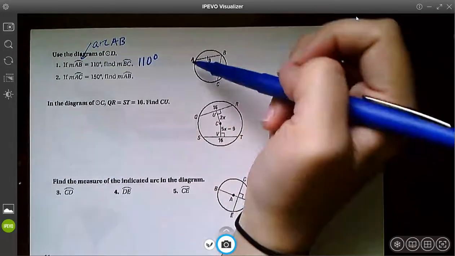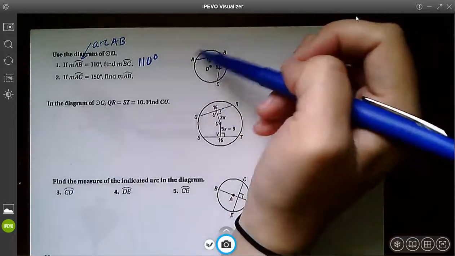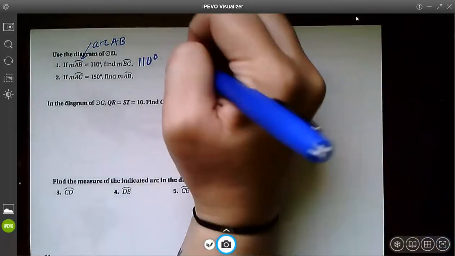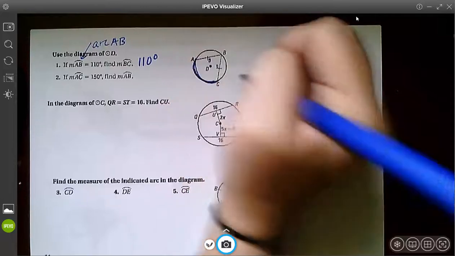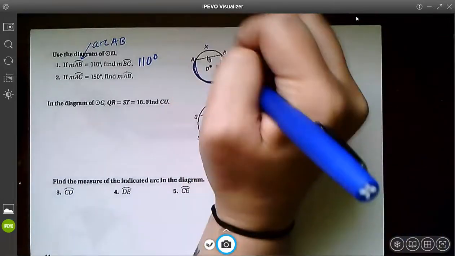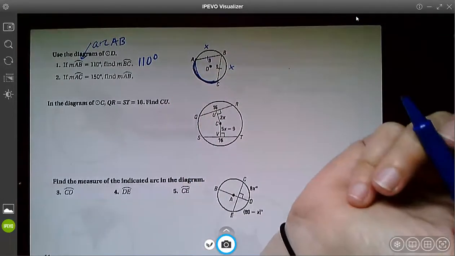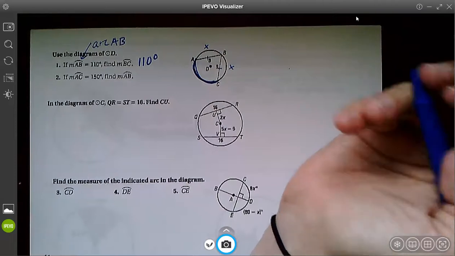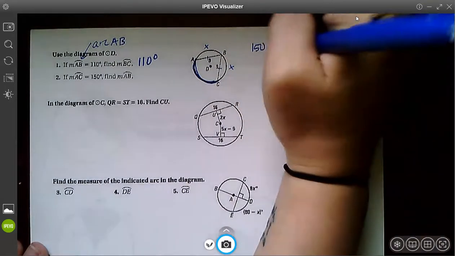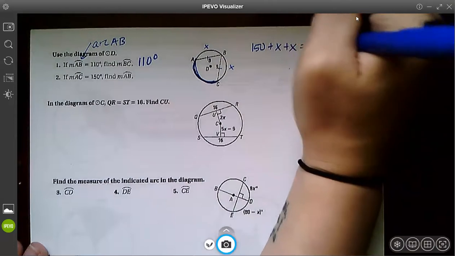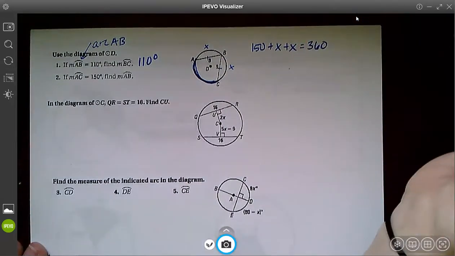If AC is 150, then find the measure of arc AB. So if AC, that's this arc here, is 150. Again, these are congruent, so we could say x and x. Because they're congruent, we can give them the same variable. We have AC, which is 150, plus x, plus the other x, because the whole circle has to equal 360.